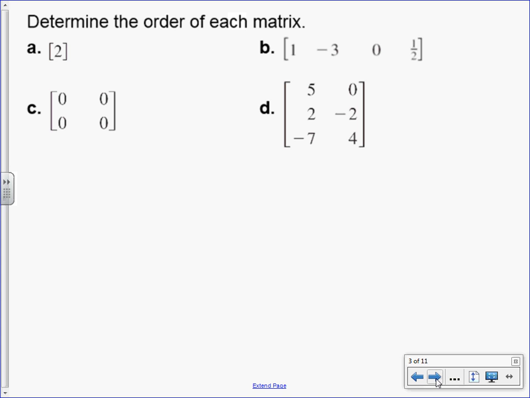So let's look at some matrices. I have 4 matrices written up here, and I want us to determine the order of each of these. So A, how many rows does that one have? 1. How many columns? 1. Okay, so what's our order? Let's move to C. What is the order of C? 2 by 2.